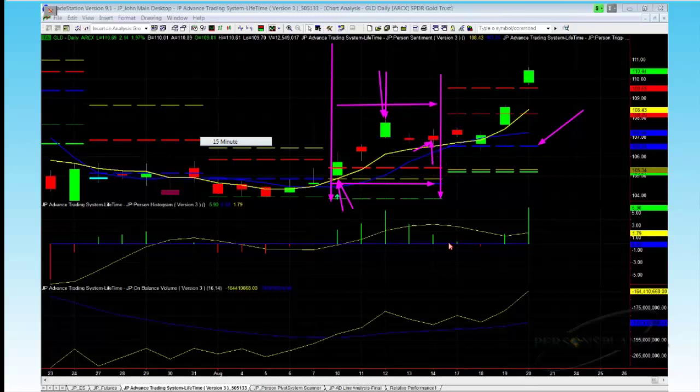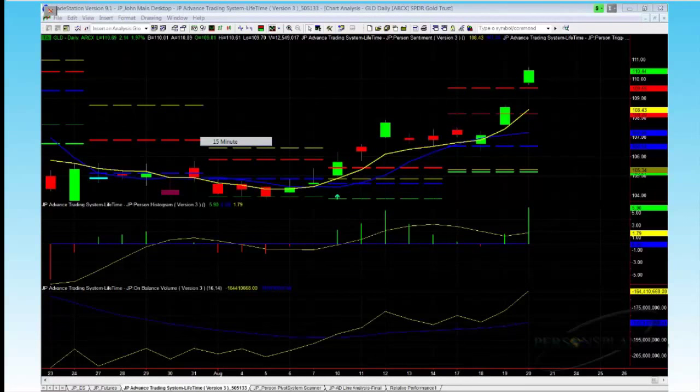If you add those valuations up and divide by 3, you're going to get the pivot for the next time frame. And this blue is the weekly fair value pivot.